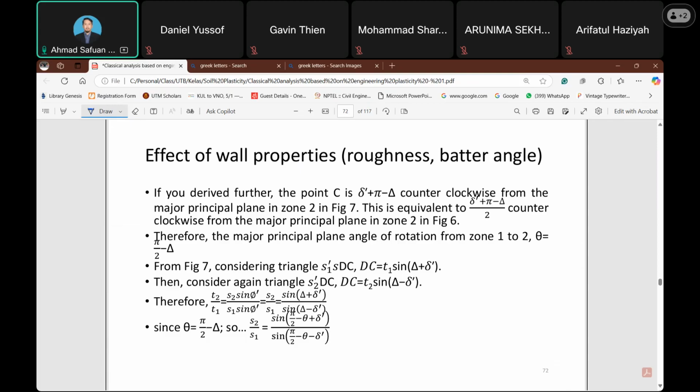Then it includes this equation, okay, rearrange: pi over 2 plus delta. Put inside, replace the delta there, okay, then we get this equation.